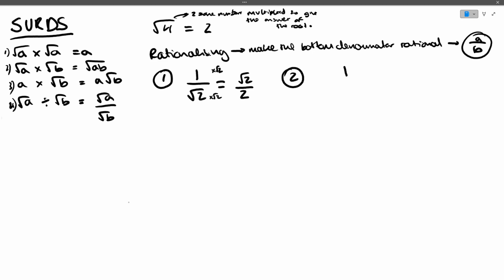Question 2. 1 over 2 root 2. This is also a common one. Now, you'd probably say times this by 2 root 2.